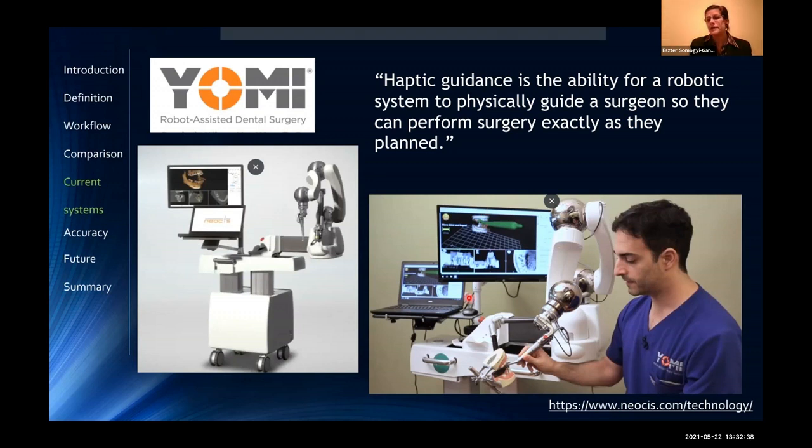Now, YOMI is a robotic arm, and you are still holding the handpiece, but this arm is going to guide your hand, as in if you try to go too deep, or if you try to go to the left or to the right, it's not going to allow you. So it gives you some mechanical stops and helps you place the implants that way. It's an expensive system. It's quite bulky, as you can see.